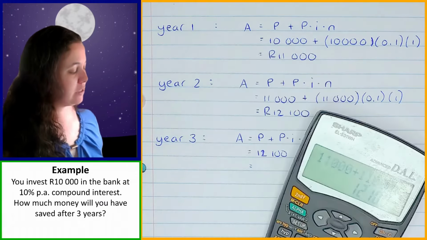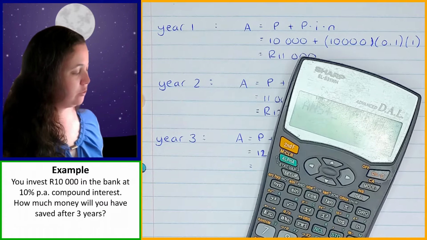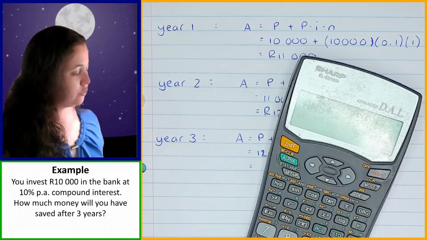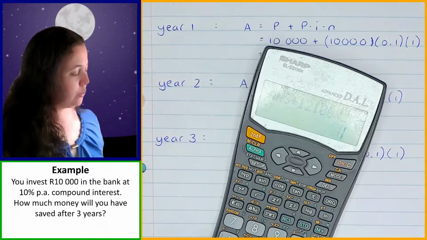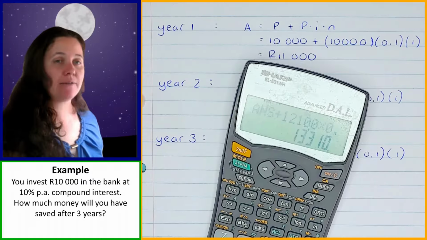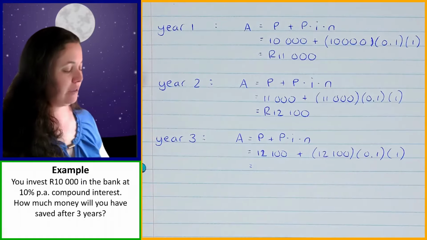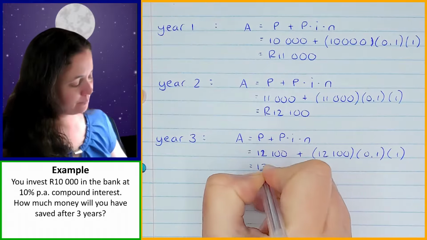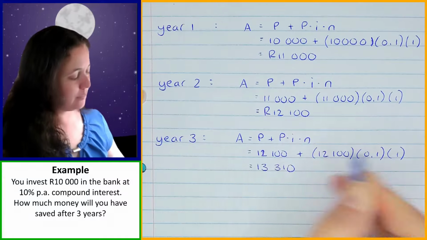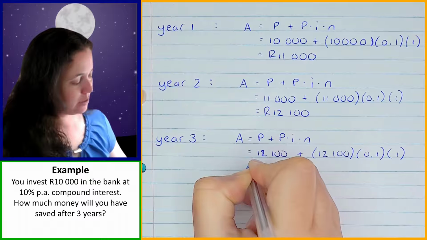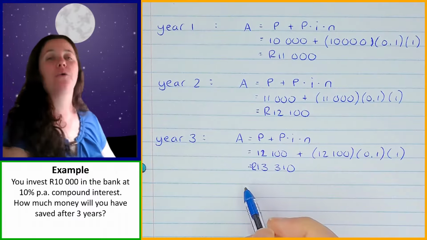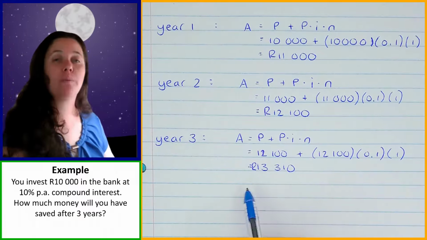So that's 12,100 plus 12,100 times 0.1 times 1, and that gives us 13,310 Rand. So that's what you end up with after 3 years on a compound interest basis.